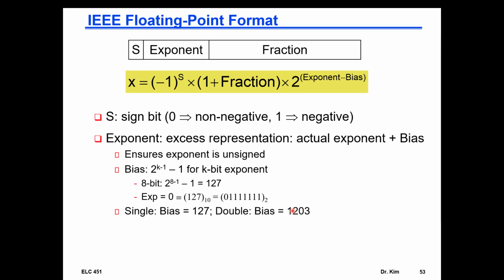What that does is that, because sometimes you're going to want this expression to be negative, and sometimes you're going to want that expression to be positive for small numbers and large numbers in your range, by having a bias that you subtract, what you store is always a positive number, because when you translate it, you are going to subtract the bias.